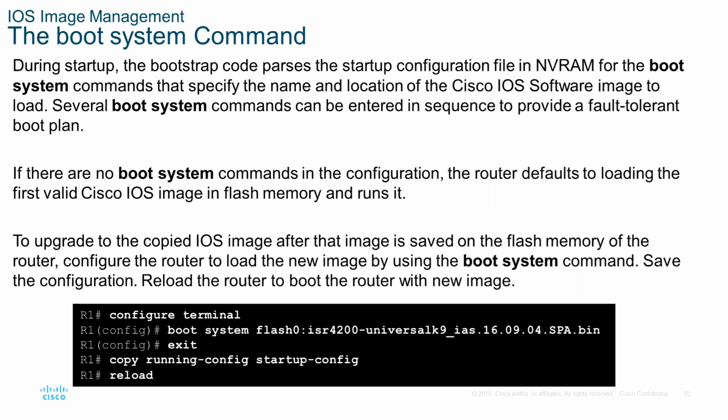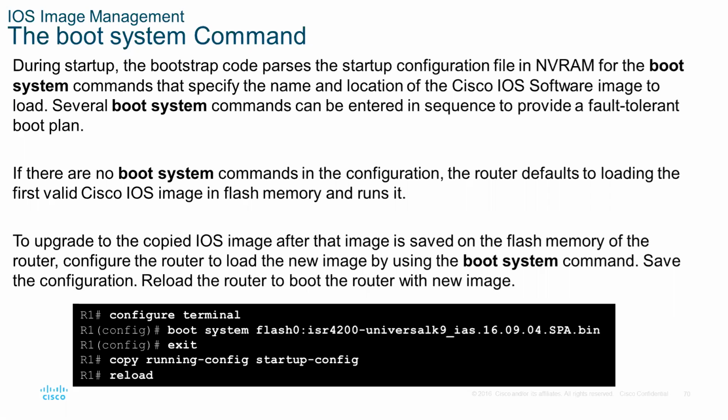So if you have multiple files on your flash drive, specify where it is. We can also specify that it pulls it directly from the TFTP server, right here, right now.